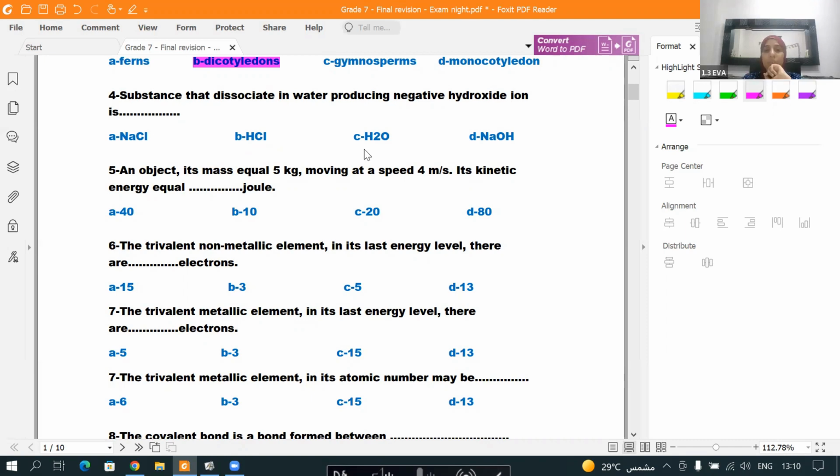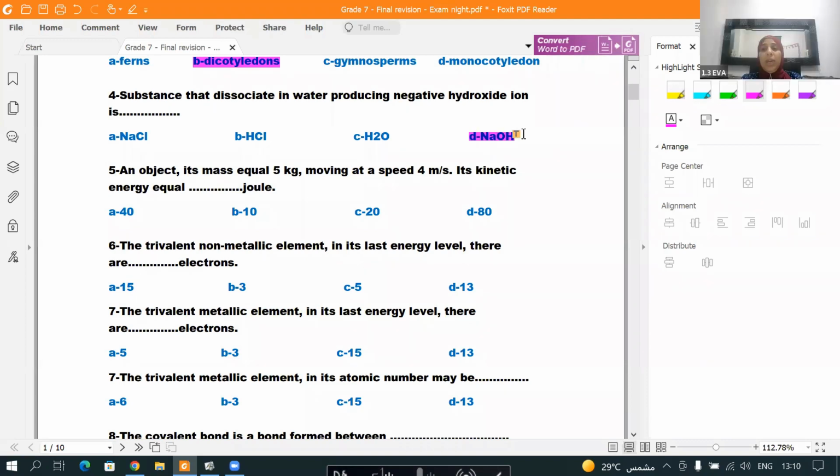Letter C is water. And D is sodium hydroxide. So which one of them gives the negative hydroxide ion? I think it's D. Sodium hydroxide. Yes, sodium hydroxide.